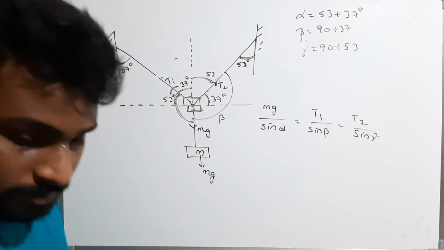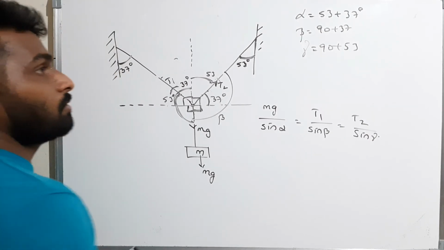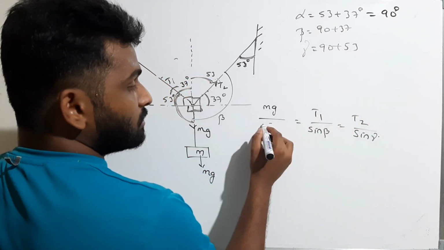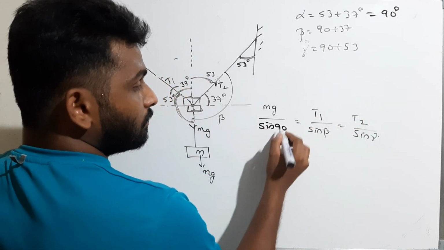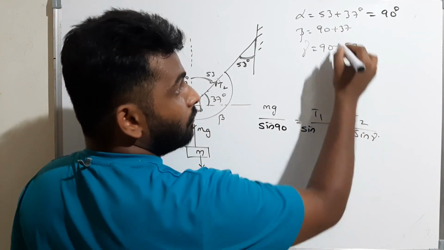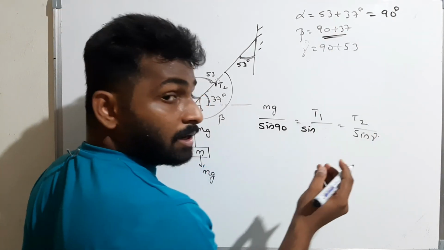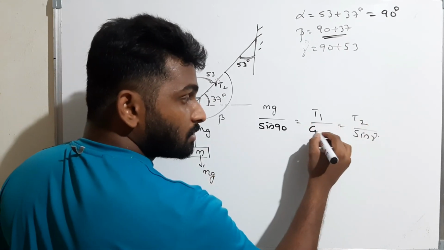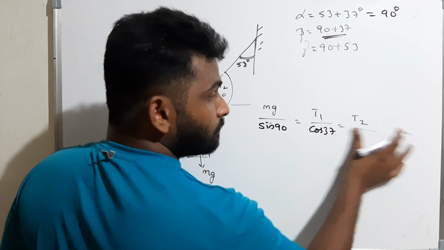Now you can find it. Alpha is 90 degrees, therefore sin 90. Beta is 90 plus 37, and sin of 90 plus 37 is nothing but cos 37.